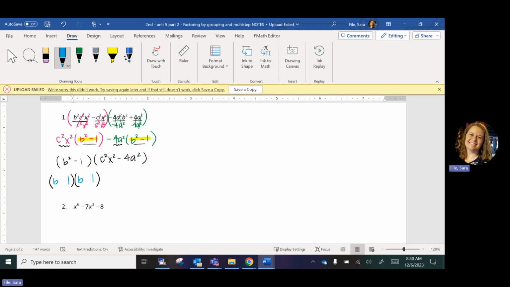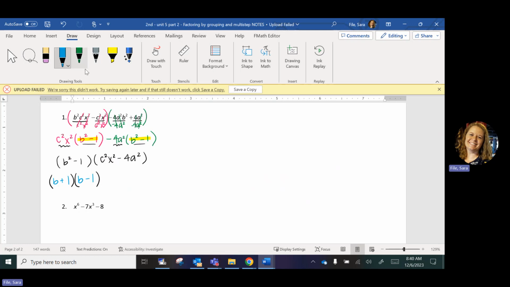Do y'all remember? You can get your notes out from yesterday if you need to look at them. This is a difference of squares. You get one positive and one negative. So that factored a step further, b plus 1 and b minus 1.